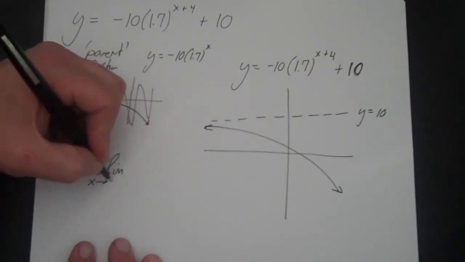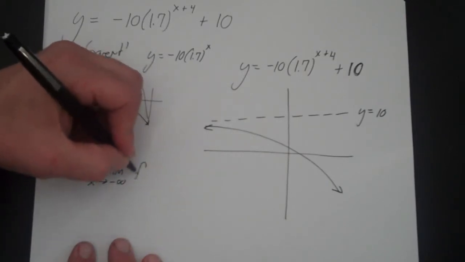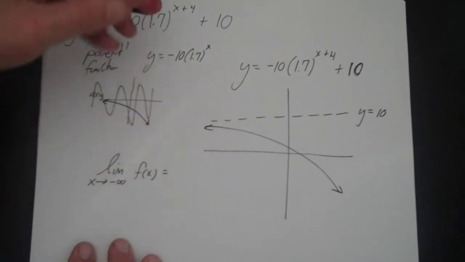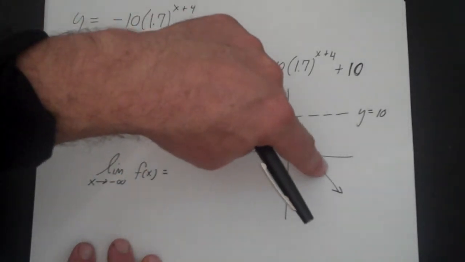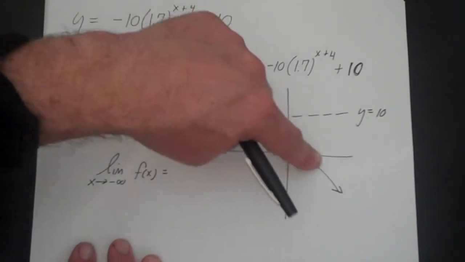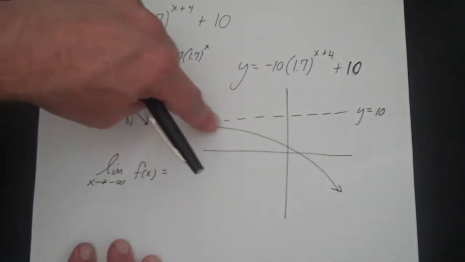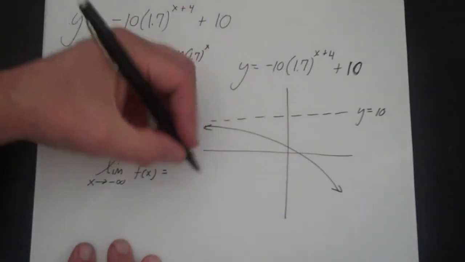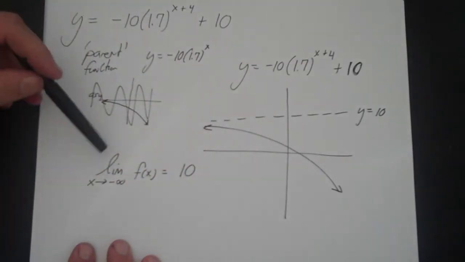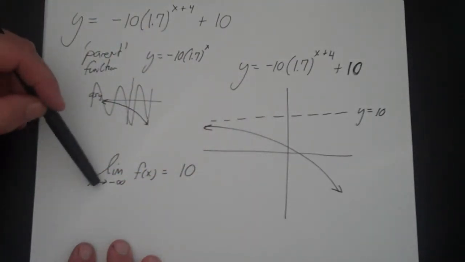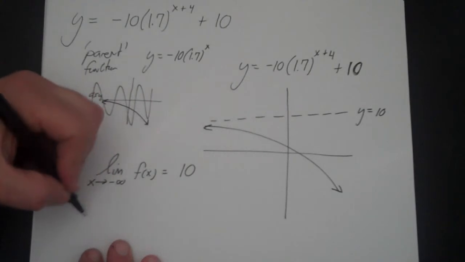We say the limit as x goes to minus infinity of f of x is equal to, let's put our finger on the graph and let x go toward negative infinity. See how y gets closer and closer to the asymptote, and in this case, the asymptote is 10. So the limit as x goes to negative infinity of f of x is simply 10.